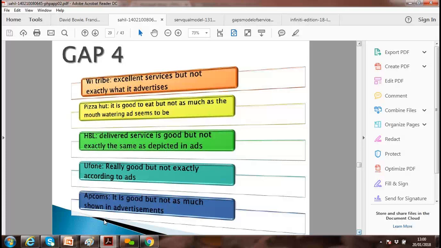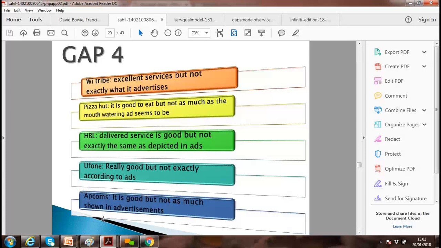Pizza Hut is good to eat, but not as mouth watering as shown. Maybe some burger companies like McDonald's show the Big Mac as so big, but actually when you see it, it is not. So it's just misleading.